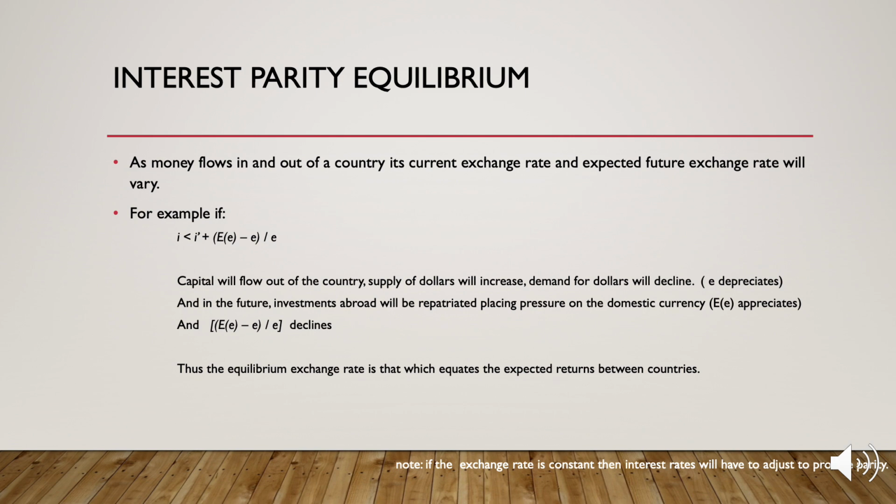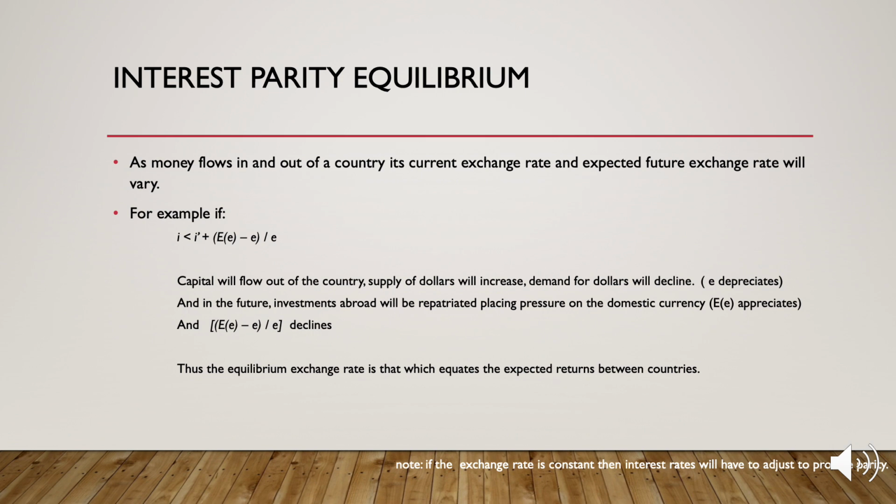These are hints as to the way that what we're covering will apply to more advanced topics later on, right? The note says, if the exchange rate is constant or fixed, then how are we going to get to interest parity equilibrium? Well, the answer is, if the exchange rate's not moving to generate that equilibrium, then the interest rate must move to generate that equilibrium.